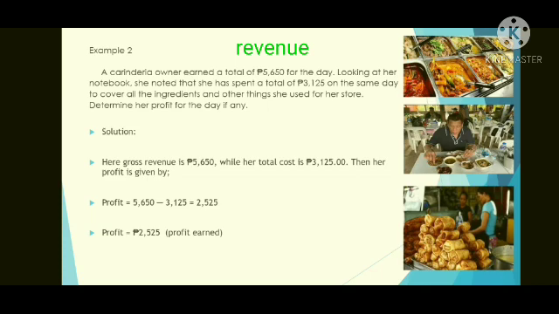And the total amount she spent by the same day, covering all ingredients and other expenses, that is our cost, the total amount of expenses.